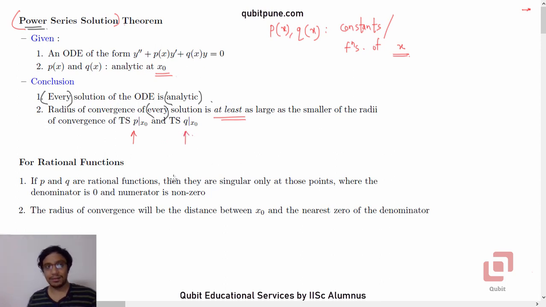Okay, so let us just reread the theorem. Okay, so we have an ODE, and throughout our discussion we will be talking only about this ODE.